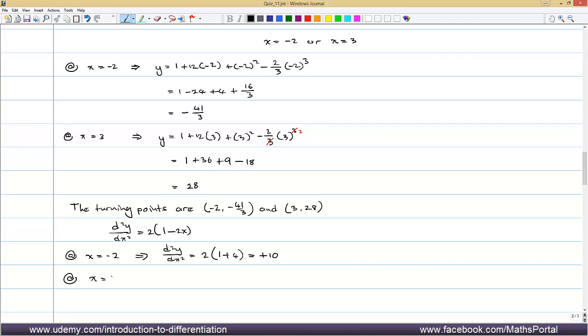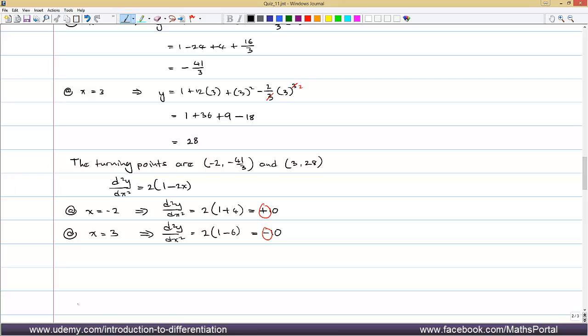And at x equal to 3, that is 2 times (1 minus 6). Okay, 3 times 2 is 6. So that is minus 5. Minus 5 times 2, that is minus 10. So this one is plus, this one is minus. What does it mean? It means we have the minimum point, that is minus 2, minus 41 over 3. Let's draw the conclusion here.